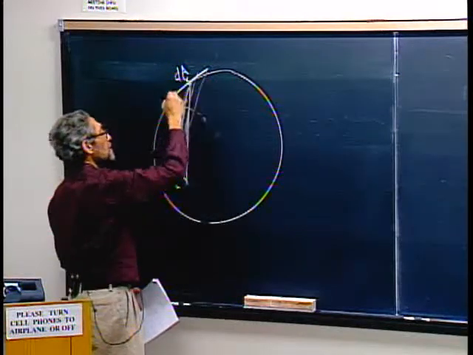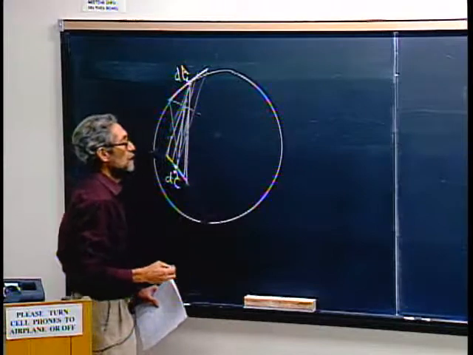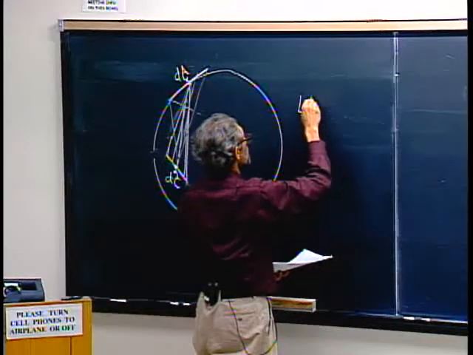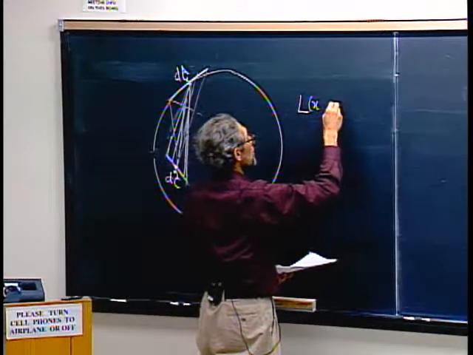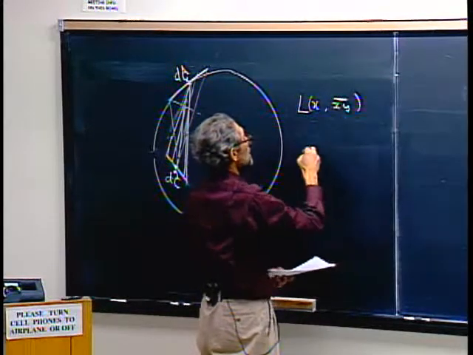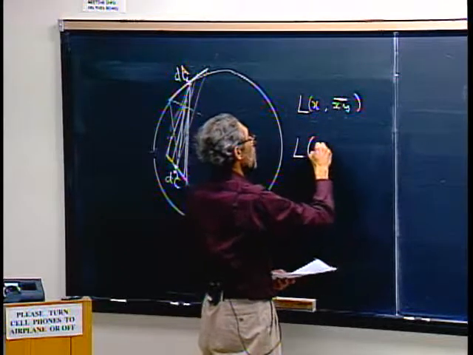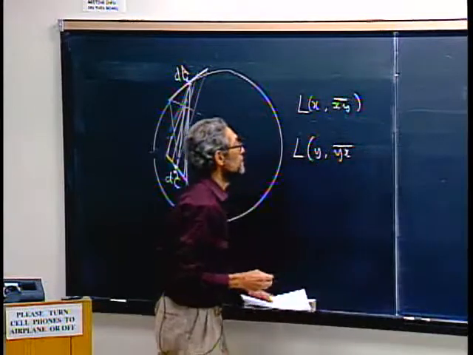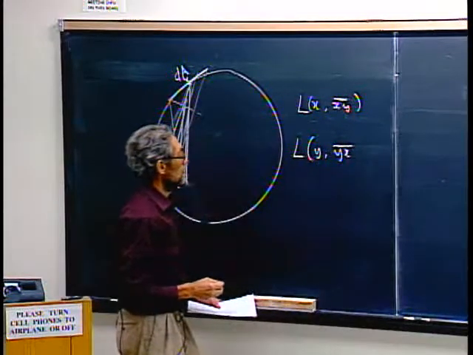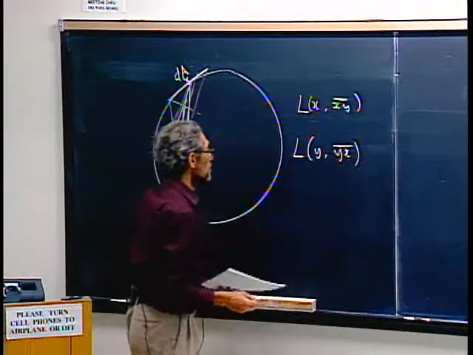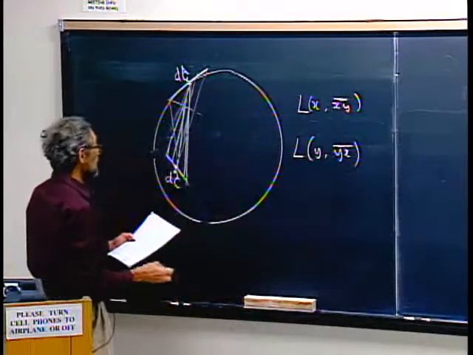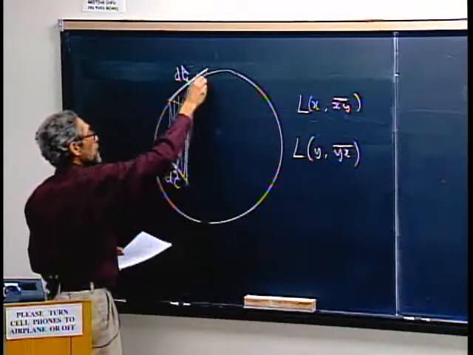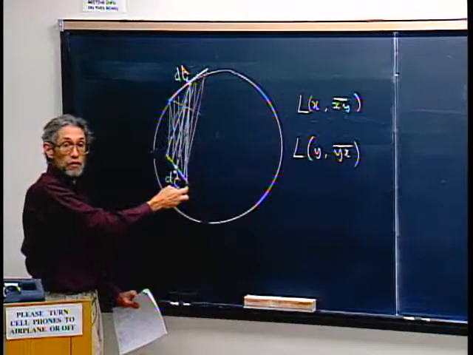So if here's a point X and here's a point Y, the claim is that the line radiance measured from X in the direction from X to Y is the same as the line radiance at Y measured in the direction from Y to X. Both can be explained in terms of the total number of lines that go anywhere between these two surfaces.